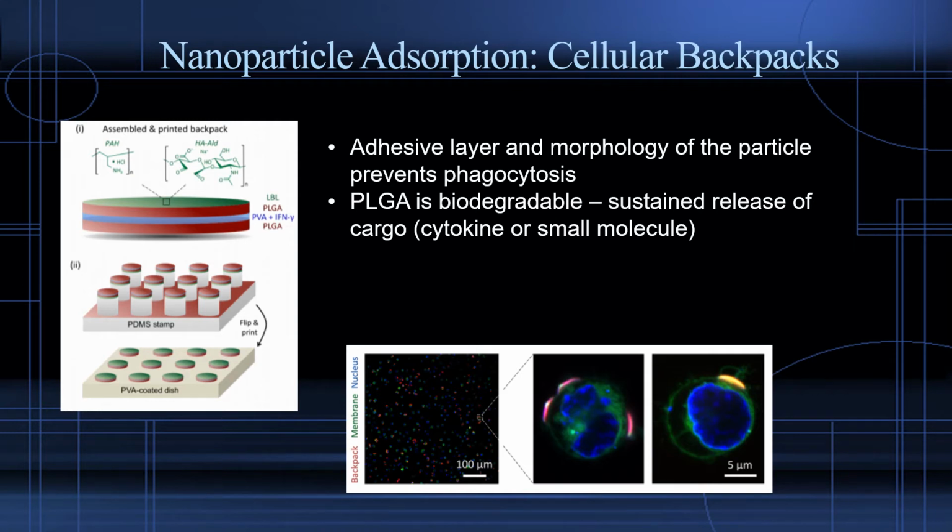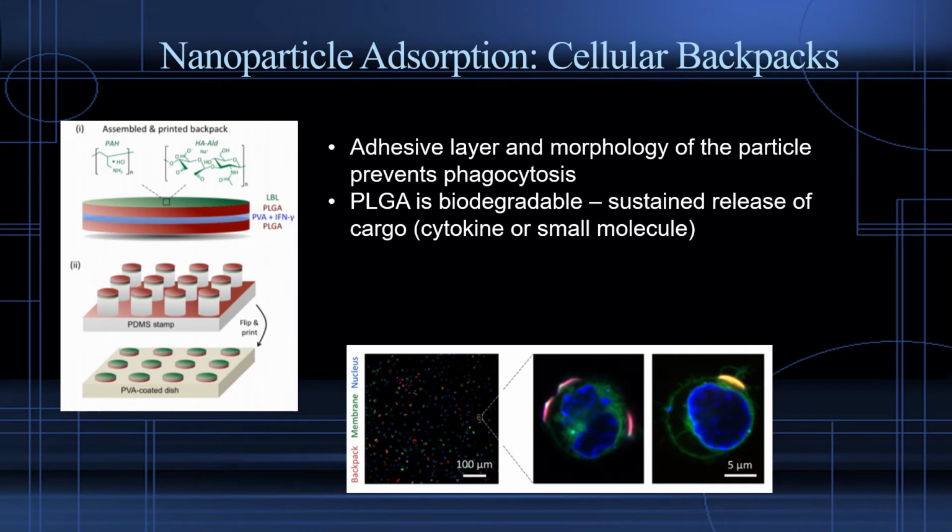And then when you incubate your cells in them, they are released. And here in the microscopy image, these little pink pillars you see are the backpacks. This is yellow because of the green dye for the membrane. This PLG layer here is important because it's biodegradable and allows for the sustained release of the cargo.